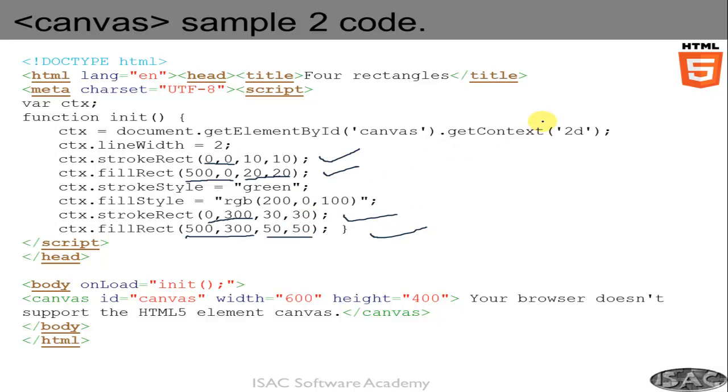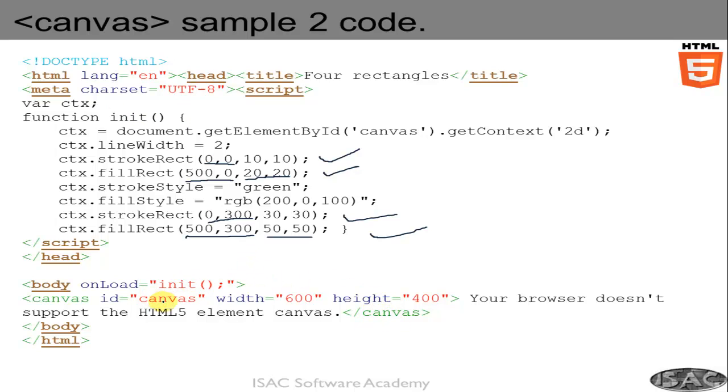And inside this, he is doing the same thing, get element by ID canvas dot get context 2D. So the same canvas ID, it is connecting there, and on load init means when the body is loaded, it will call the init method, which is defined inside the script, and then it gets executed.